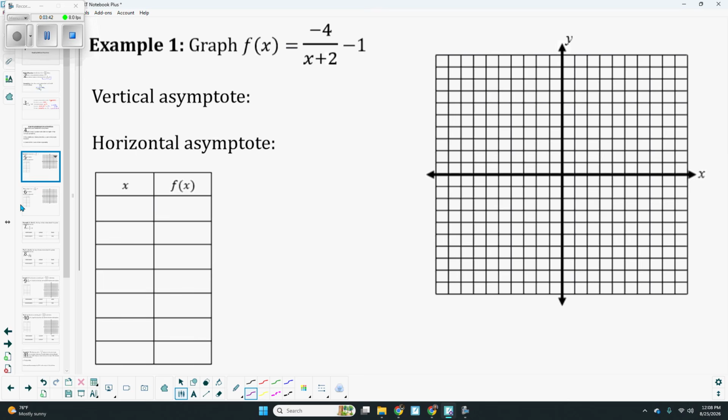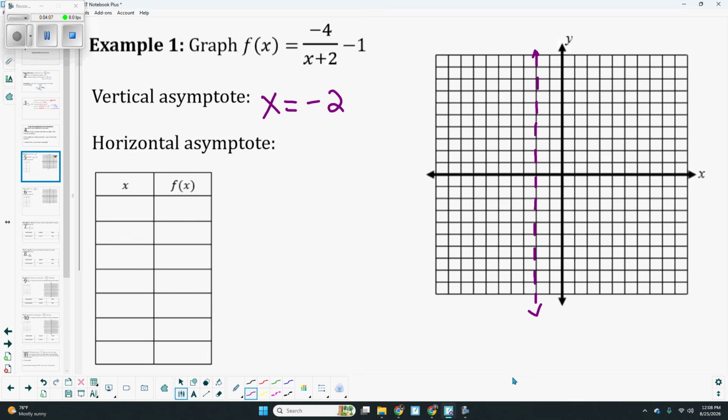So for example 1, we have f of x equals negative 4 over x plus 2, minus 1. So the vertical asymptote is whatever makes the bottom undefined, right? It's x equals, and this was a plus 2, so we know it's the opposite, minus 2. So I know on my graph at negative 2 on the x-axis, I'm going to have one of my asymptotes.